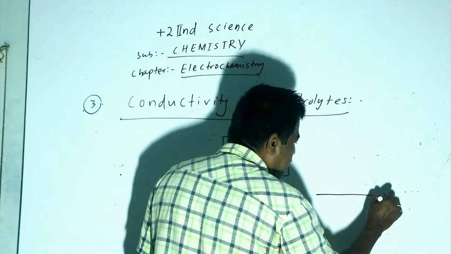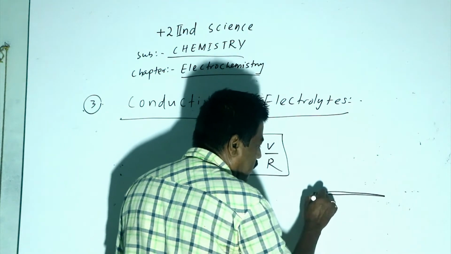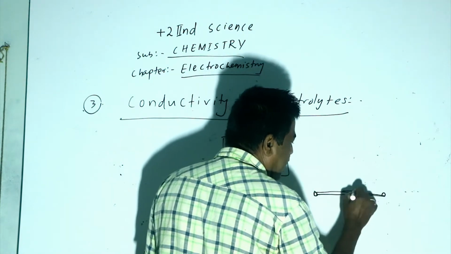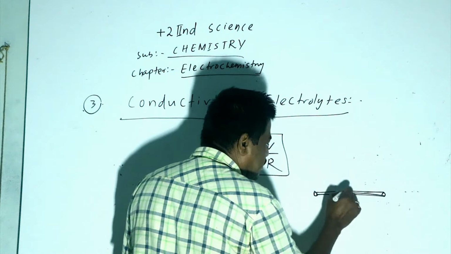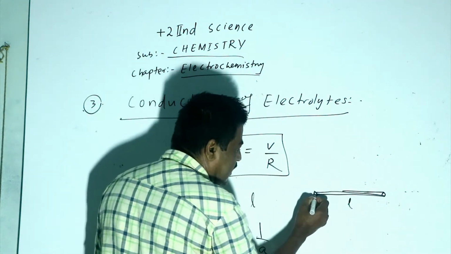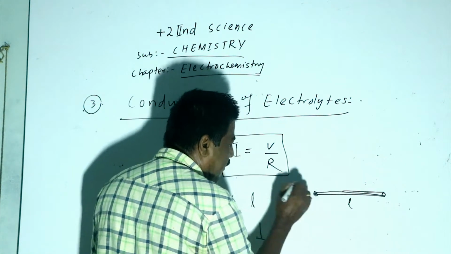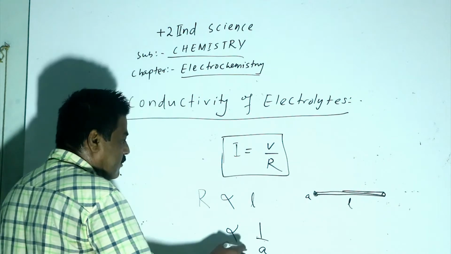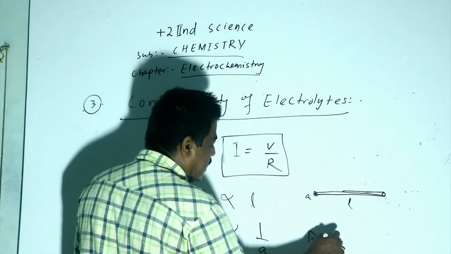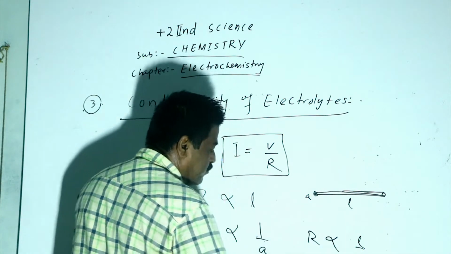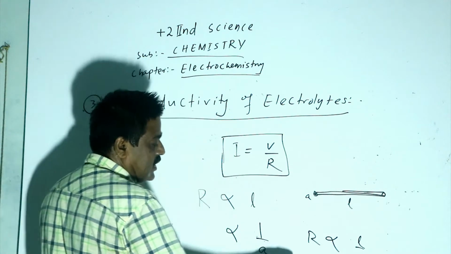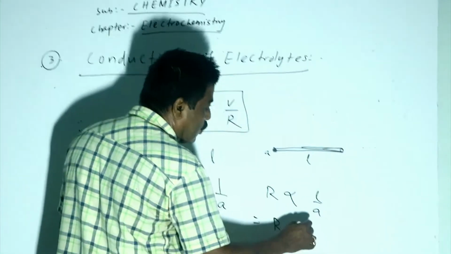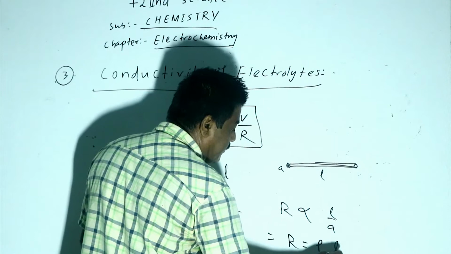Let's say this is a metallic conductor, and here this is the length L and the cross-sectional area A. So R is directly proportional to L by A. Then R is equal to rho L by A.